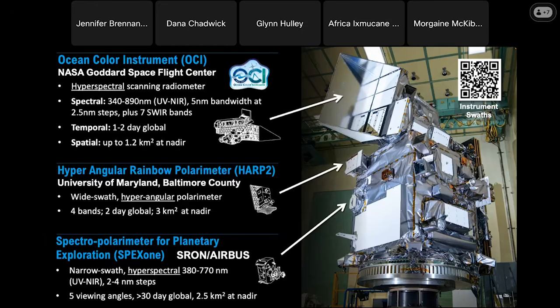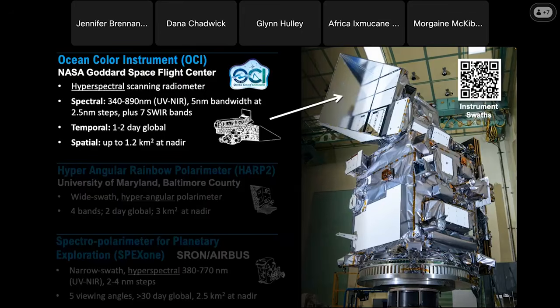If you want to see what this looks like, this is a great animation. This QR code shows you how these instruments cover our Earth. The qualities of each of these instruments are novel and advanced and unique in their own right. Altogether they're stronger together, as most things are, and they represent the most advanced global ocean color and aerosol mission to date.